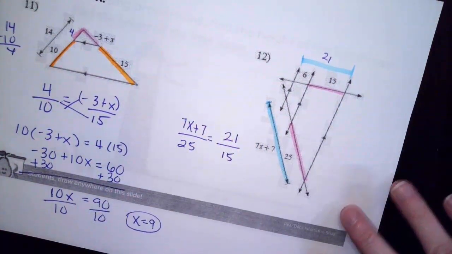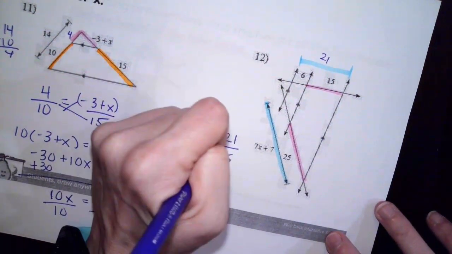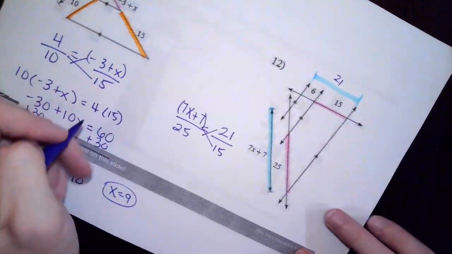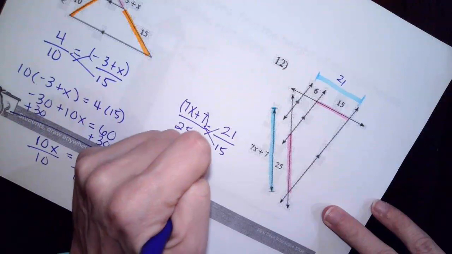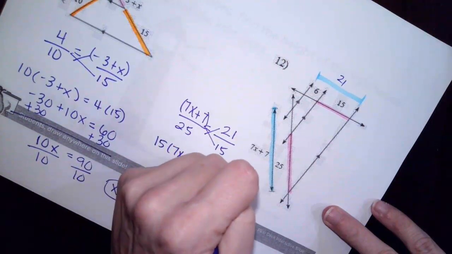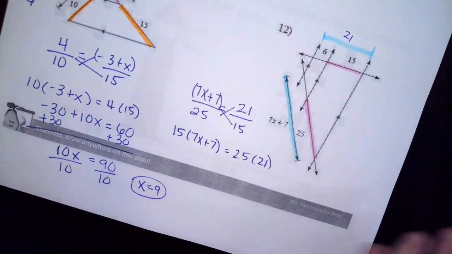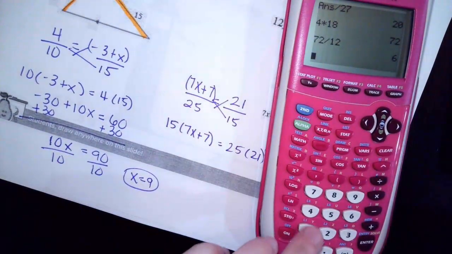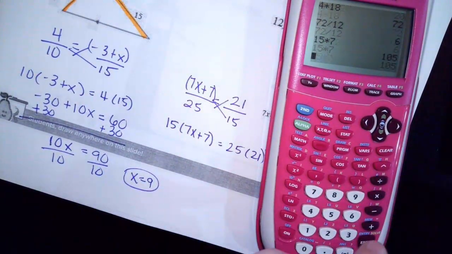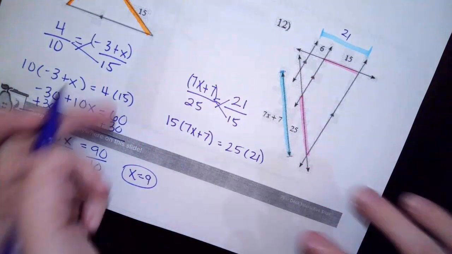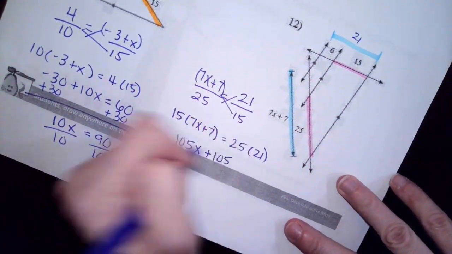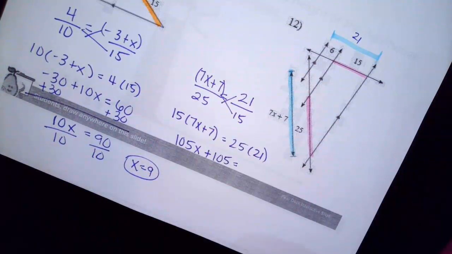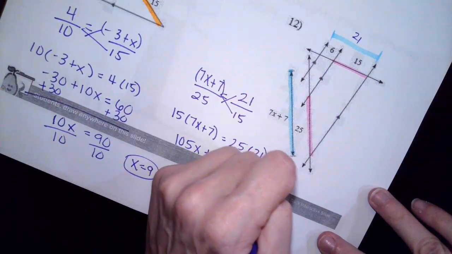So whole thing over the bottom. And then don't forget parentheses on that binomial, cross multiply. Ooh, 15 times 7, 105. Alright, so I have 105x plus 105 equals 25 times 21, and I get 525 there.